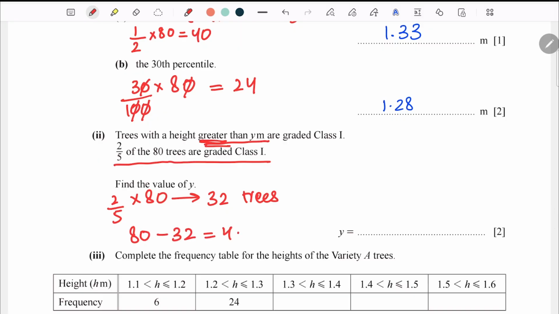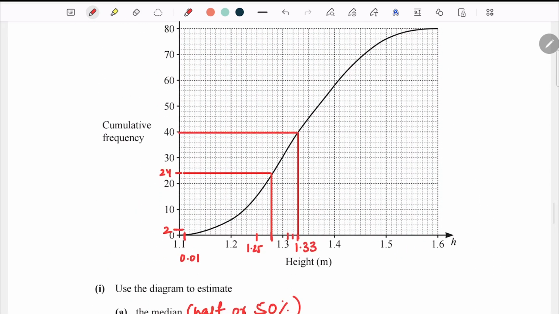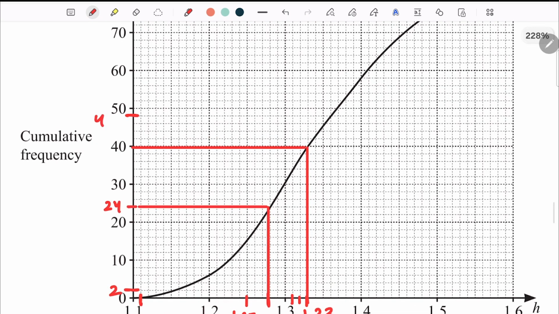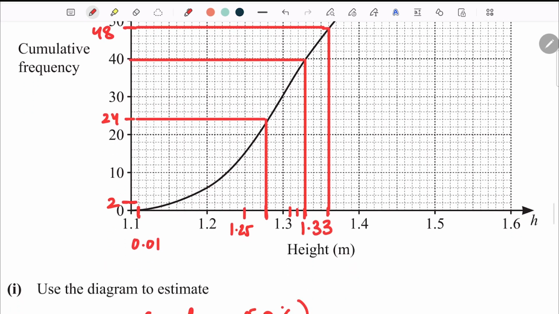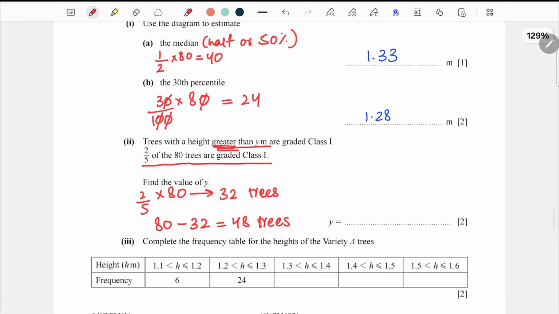We get 48. Now these 48 trees represent the cumulative frequency. So we're going to check the height at 48 cumulative frequency. 48 is right here. We're going to check the value on the x-axis. And this value would be 1.36. So y is basically 1.36.